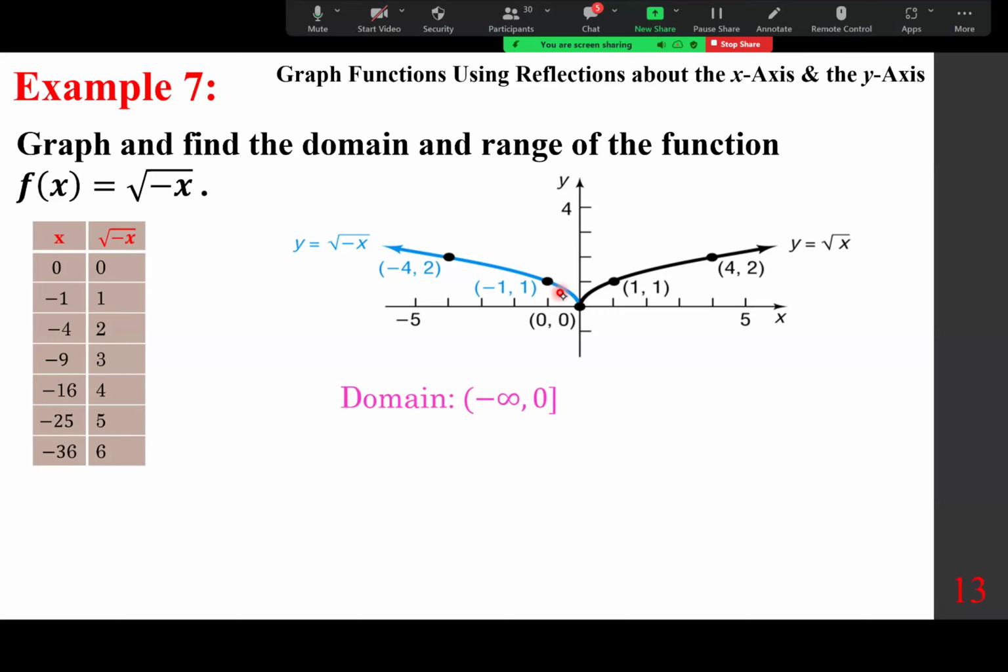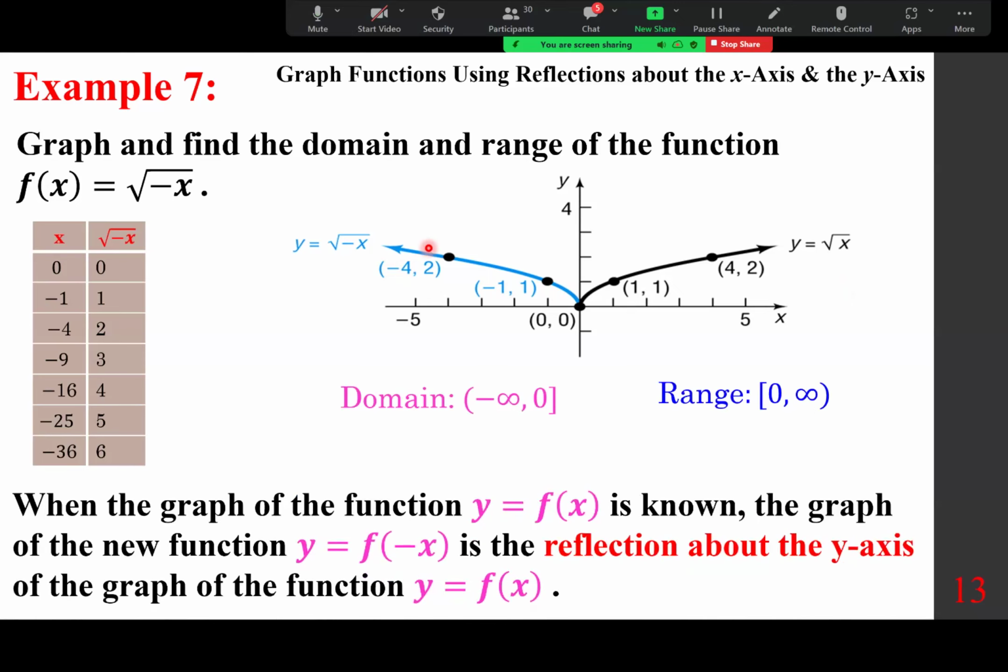So the domain has changed for this function. When the graph of the function y equals f of x is known, the graph of the new function y equals f of negative x is the reflection about the y-axis of the graph of the function y equals f of x. So this time, reflection with respect to the y-axis.